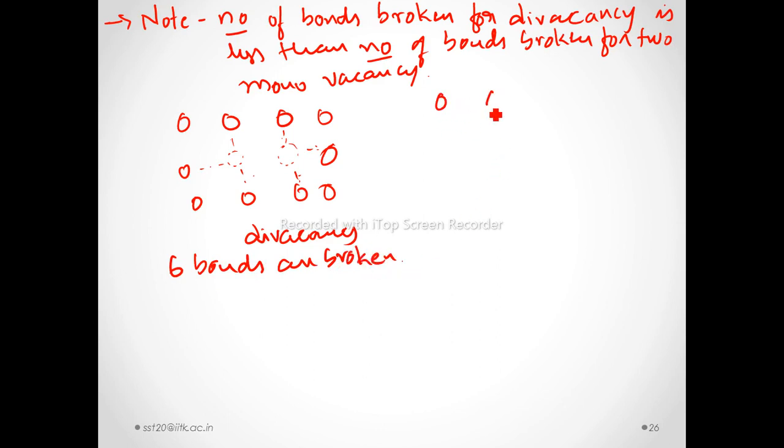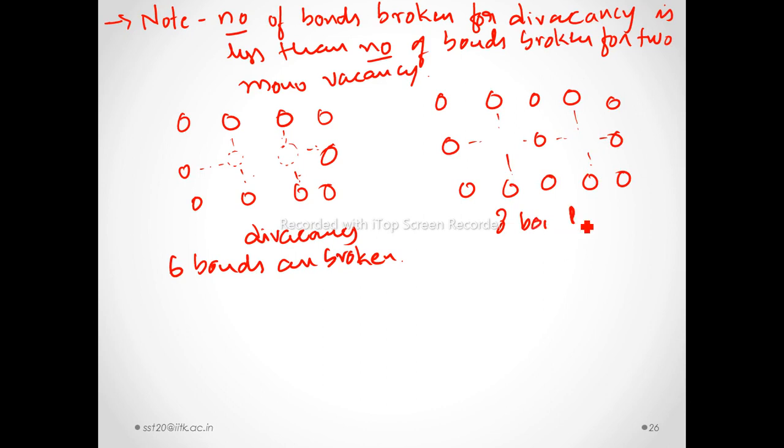Whereas to create two separate monovacancies, how many bonds should be broken? 1, 2, 3, 4 and 1, 2, 3, 4, that means 8 bonds are broken.